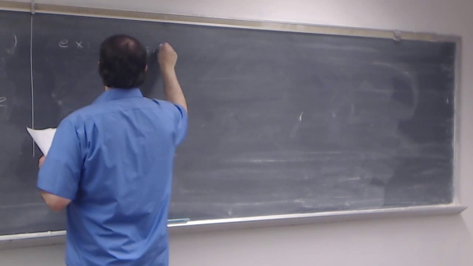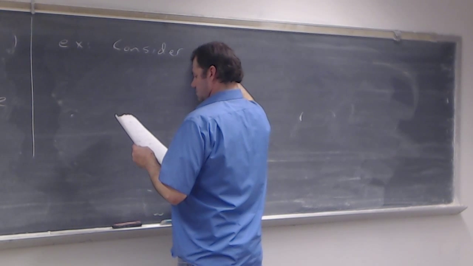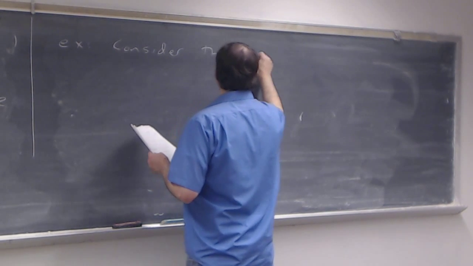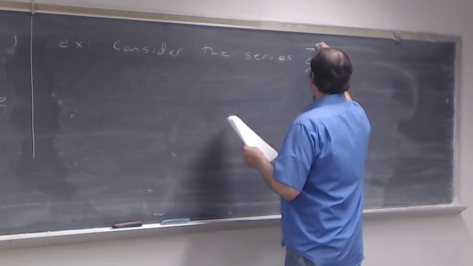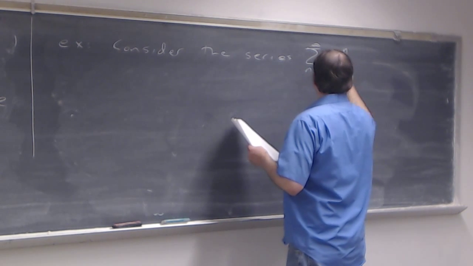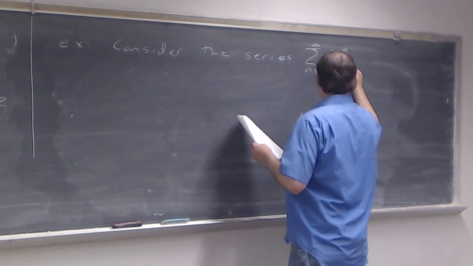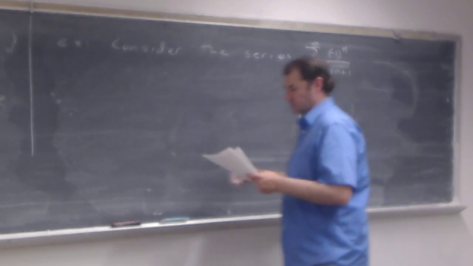Well, let's look at an example. Let's consider the series, the sum as n runs from 0 to infinity of minus 1 to the n over the square root of n plus 1. Okay? And I'm going to write out some of its terms.